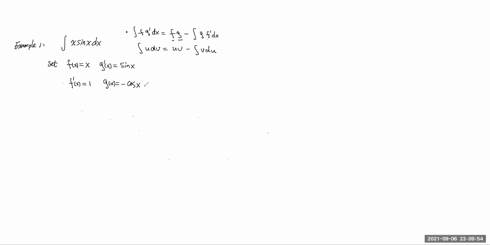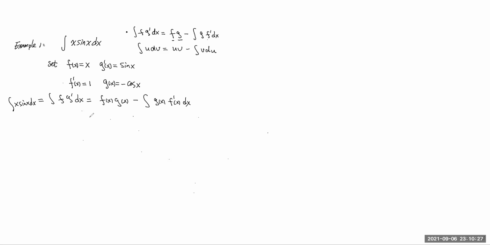Okay, so the formula says this is f g' dx, which is x sine x dx, right? By integration by parts, this is f(x)g(x) minus the integral of g(x) f'(x) dx.